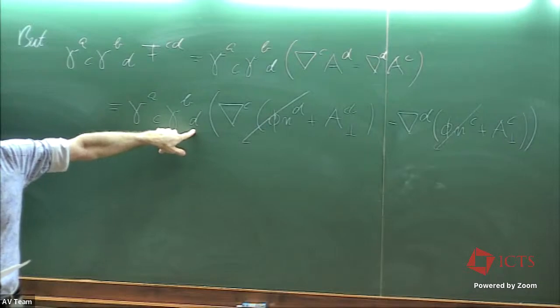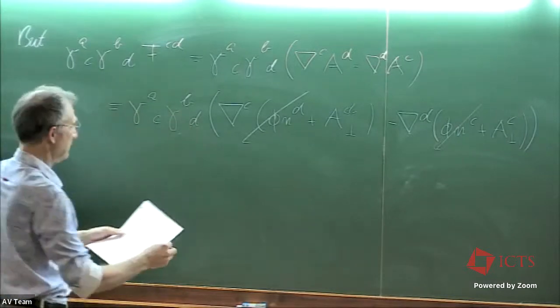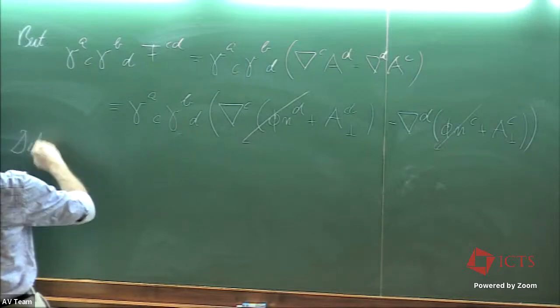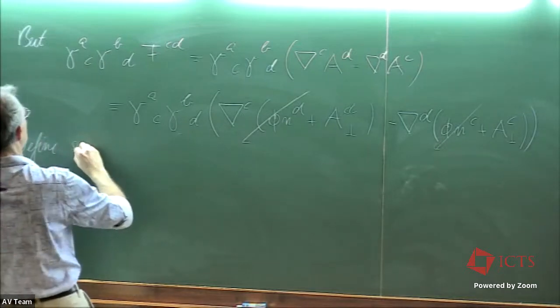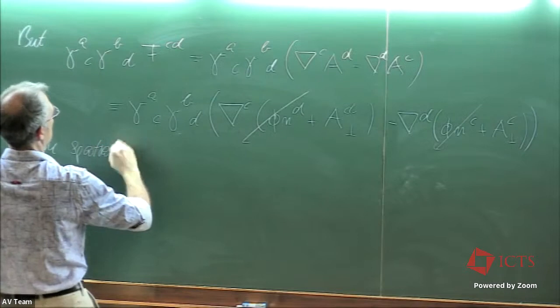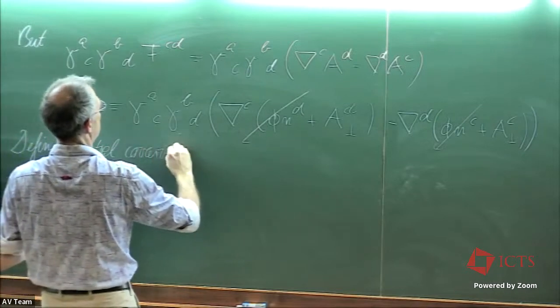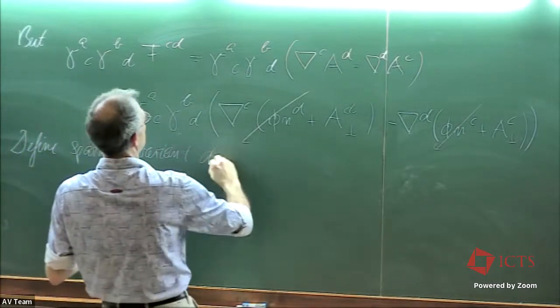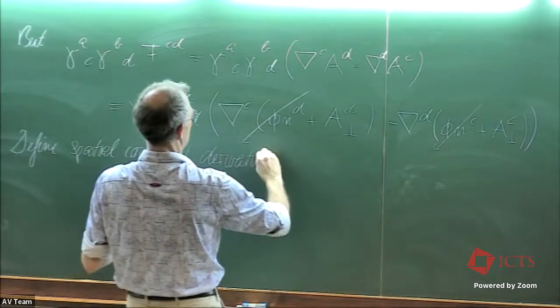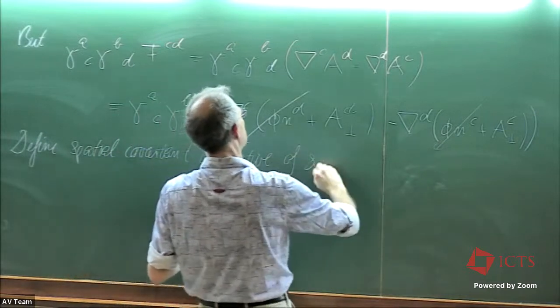That is how we define the spatial covariant derivative. So this gives us an opportunity to formally introduce the spatial covariant derivative of spatial tensors as the following.